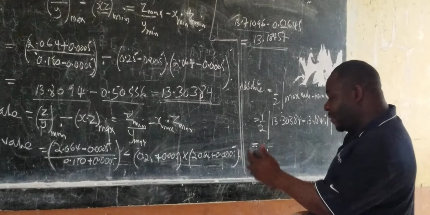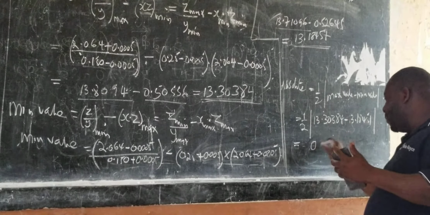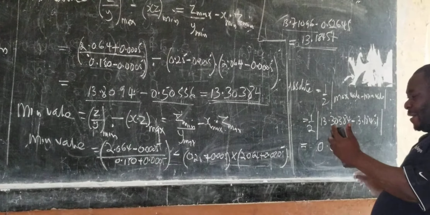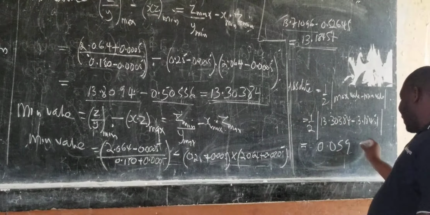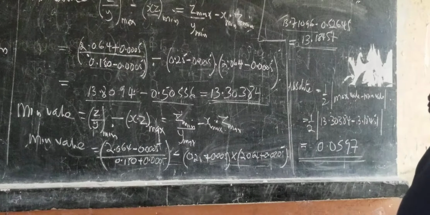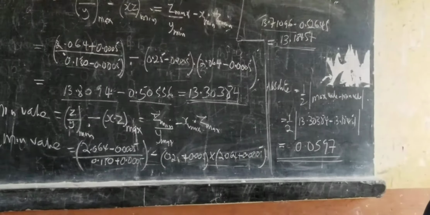That is when you take the difference there, with the error which is 0.059, and that is the absolute error which was committed in that expression.